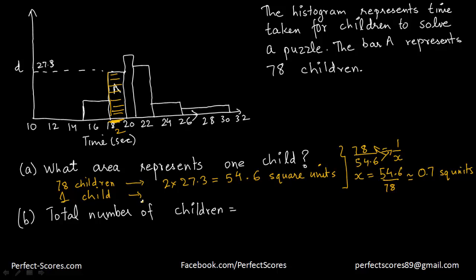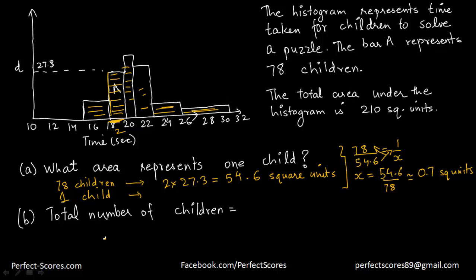Now the question is asking for the total number of children. The total number of children would be the total area of all the bars, because that will give me the total frequency, isn't it? So here I have the total area: the total area under the histogram is 210 square units.